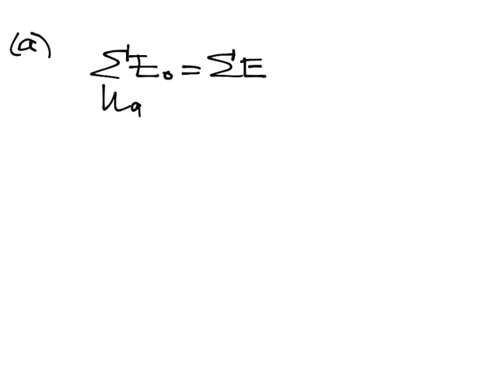Okay, so in part A, again, we're using conservation of energy, sigma E naught equals sigma E. And we know that at the beginning we have only gravitational potential energy, and at the end we only have kinetic energy. We want to know the speed.